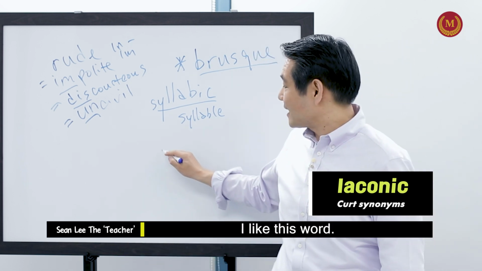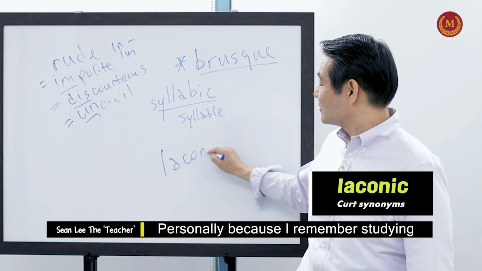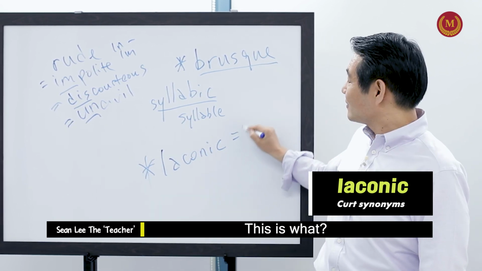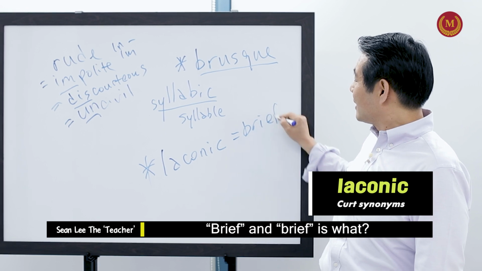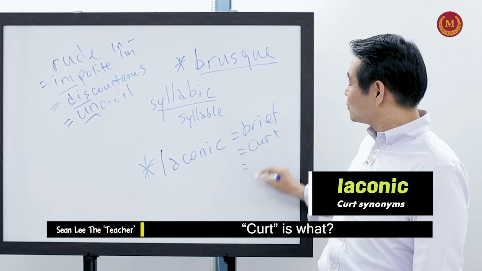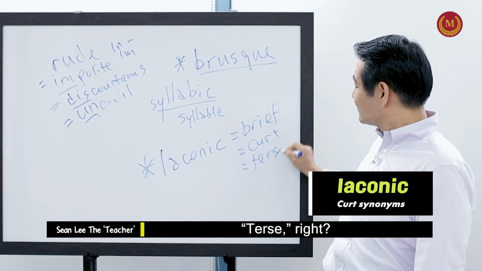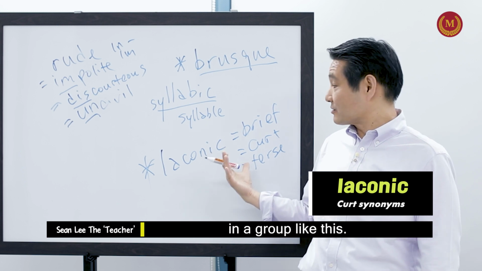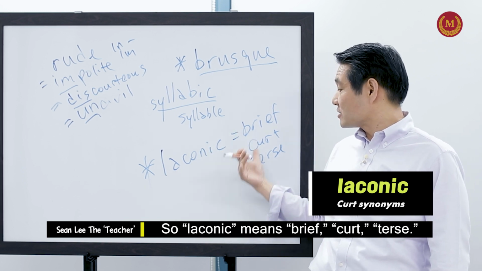Laconic. I like this word personally because I remember studying this word myself many, many years ago. This is what? Brief. And brief is what? That's curt. And curt is what? Terse. Right? You might want to remember these words in groups like this. So laconic means brief, curt, terse.